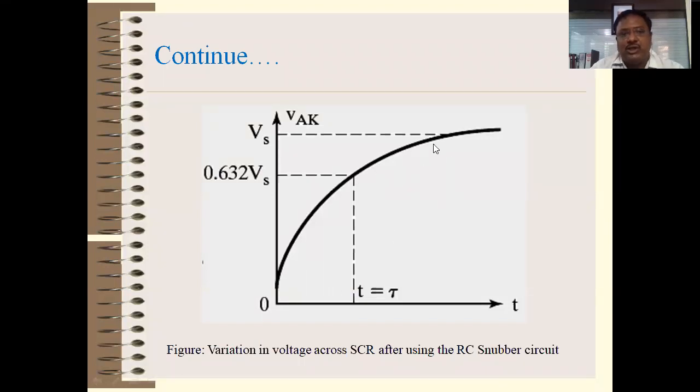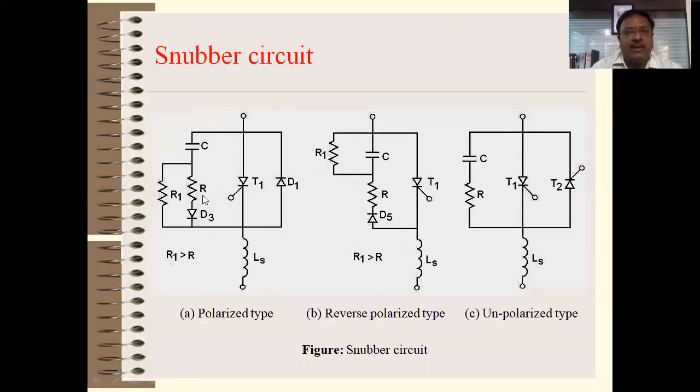You can increase or decrease this time constant depending upon the values of R and C. If you want to increase the voltage handling capacity, you can increase the time period. If you want to decrease it, you can change the value of the resistor. The capacitor should be fixed, but you can change the value of resistor R. As you increase or decrease R, the charging time of the capacitor increases or decreases, and accordingly you can turn the thyristor on and off. When the capacitor starts to discharge, the resistor R1 limits the discharge current.